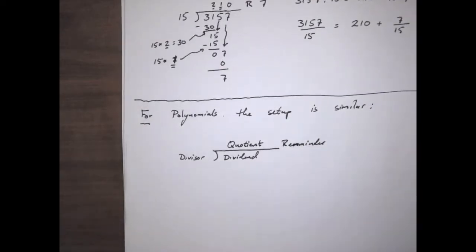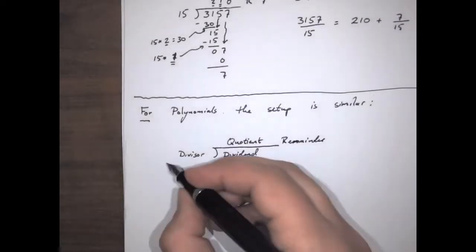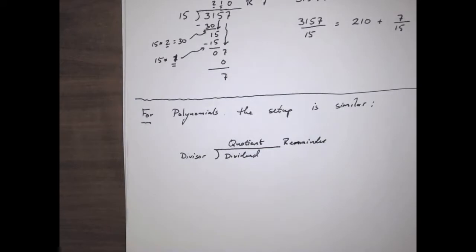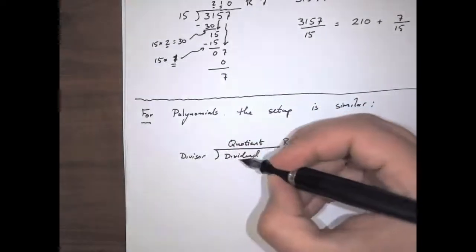And the way we are going to build up the quotient is we will take the leading term of the divisor and the leading term of the dividend, and we will ask ourselves what we have to multiply the divisor term by to make the dividend term.